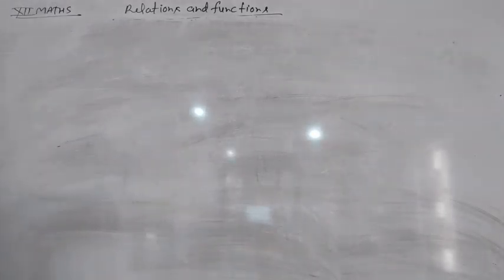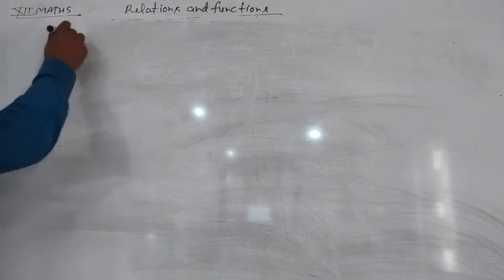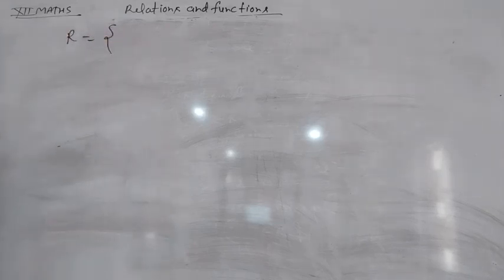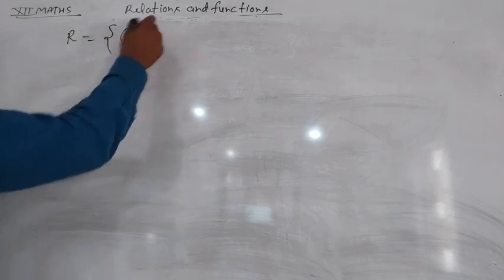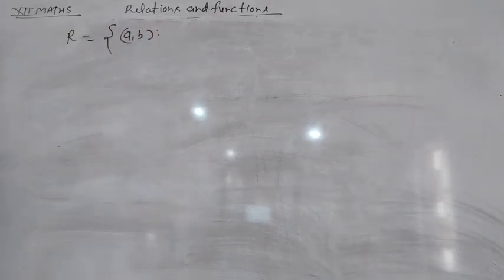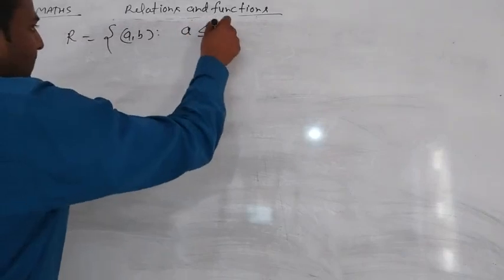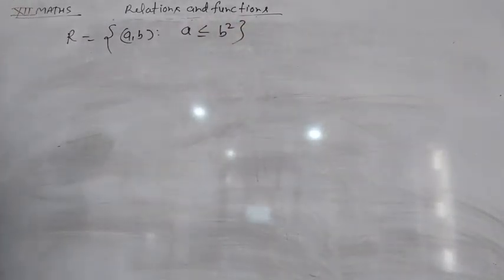Now the question is, students: show that the relation R on the set of real numbers defined by R = {(a, b) such that a is less than or equal to b squared} is neither reflexive nor symmetric nor transitive.